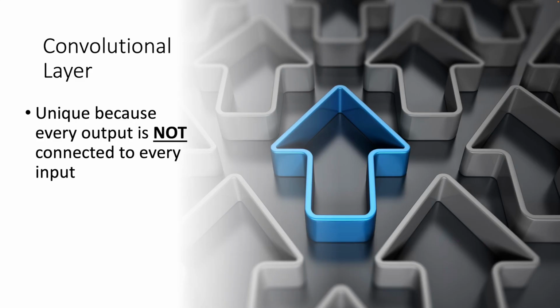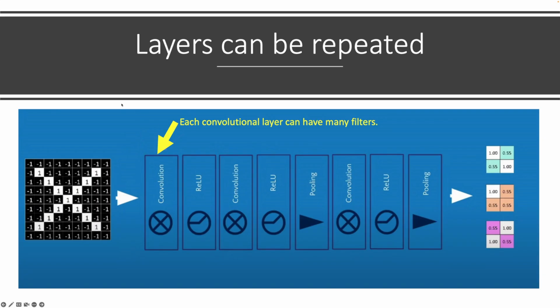As I discussed in the previous slide, the convolutional layer is unique because we don't have connections between those filters. When we look at this, the filter with a slash is not connected to the filter with an X or something. Those simply don't get connected until we get to the fully connected layer.